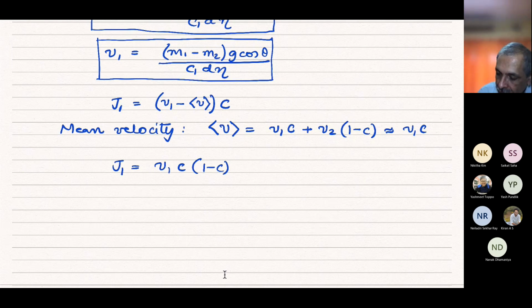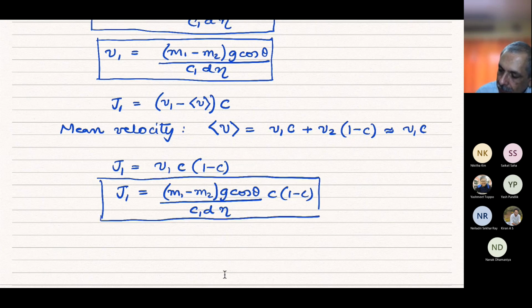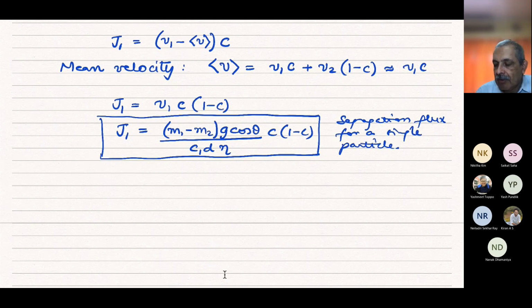And if you substitute for the velocity V1, then what you will see is the segregation flux of particles, so this is the flux when we are considering just one particle in the whole system.